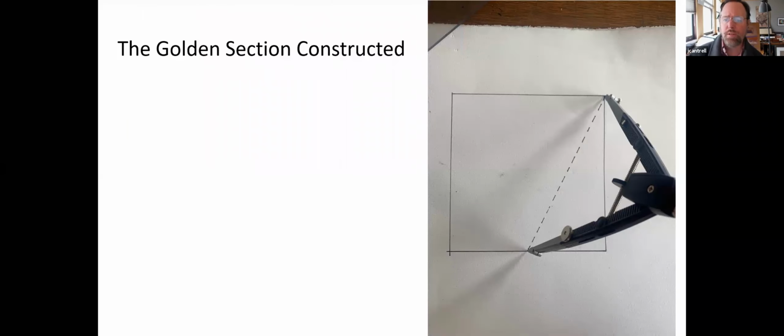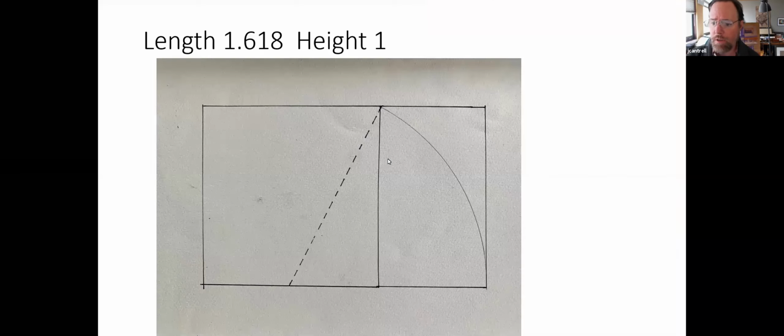So how is the golden section constructed? And this is not the way all architecture, facades, and plans are created. This is really one graphic proportioning system. So what you do is you take a square, and with a compass, you divide the square at its midpoint. Then you take the compass's radius from the midpoint to the corner, and of course the arc determines the other parameters of the rectangle.